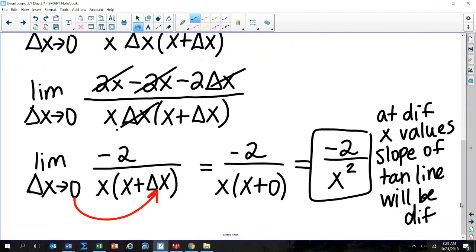So depending on where you're choosing x, the slope of the tangent line is going to be different. It's not like it's linear where the slope is going to be constant throughout. It's going to change. Okay, so like if you give me an x value of 3, at an x value of 3, the slope of the tangent line would be -2 over 9. Okay, so it's going to change depending on what x is. All right.